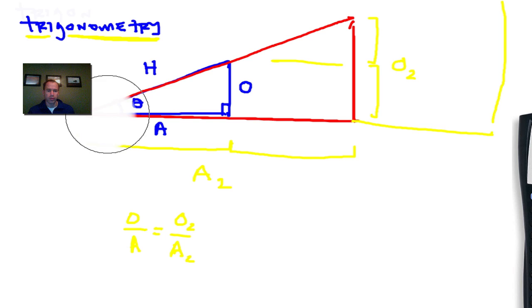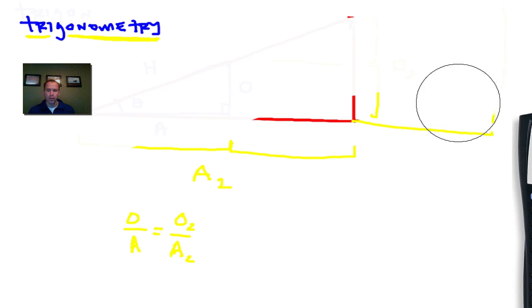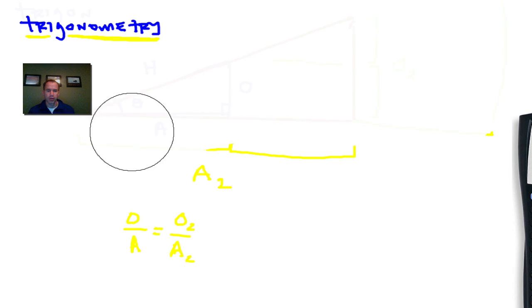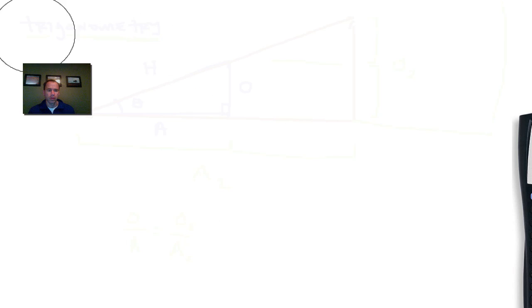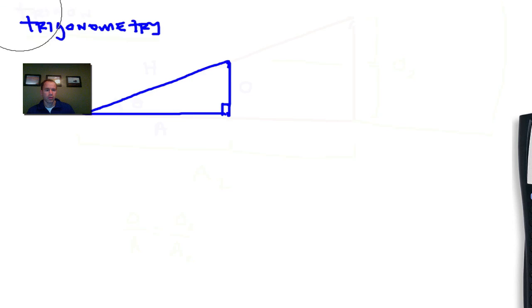So let's clear this away, and we'll go back to our original triangle there. Okay, let's see if it's still on the clipboard. There we go. Alright, so there's our original triangle. Go back to blue.